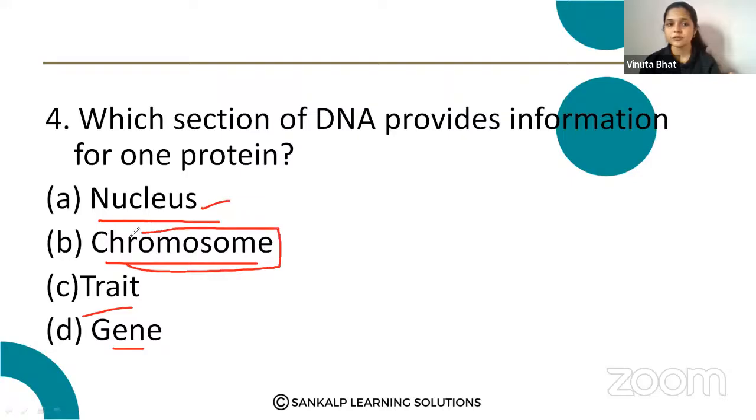Chromosome is not present inside the DNA; DNA is present inside the chromosome. Trait means the character. And gene, yes. These genes provide the information for one protein. The correct answer is option D.